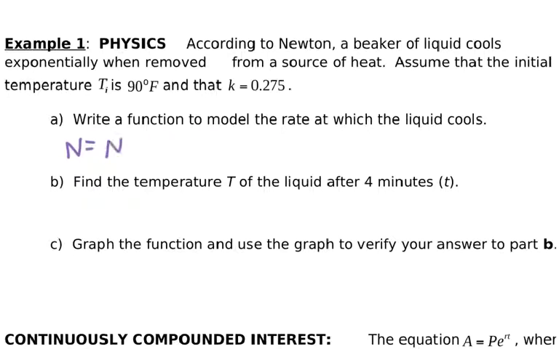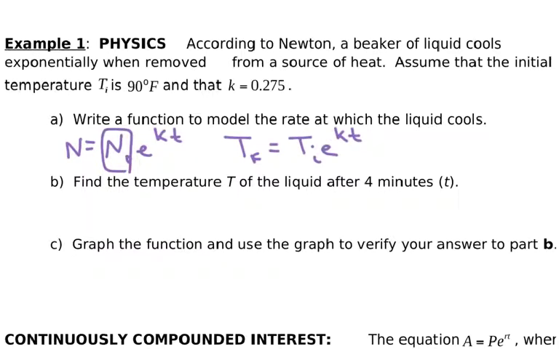So remember, here was the equation we were just given. This is your initial amount. Well, T sub i is your initial temperature. So we're going to plug in, our temperature final is going to be our initial temperature, e to the kt.